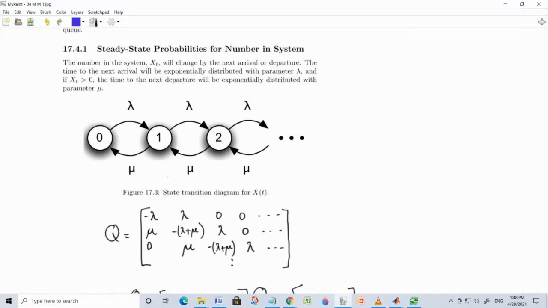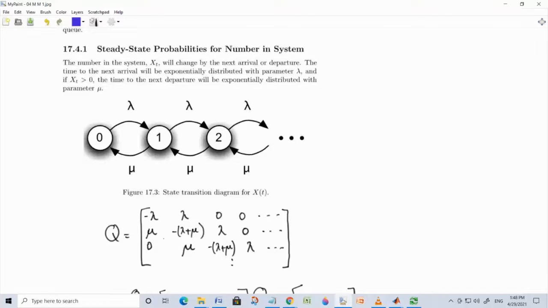Then there are self transitions, of course, that are typically omitted to reduce clutter in the figure. Those will be the diagonal elements in the Q matrix. So starting from the second row, you will get minus lambda plus mu.